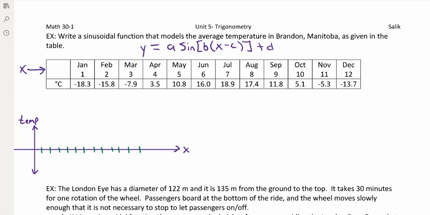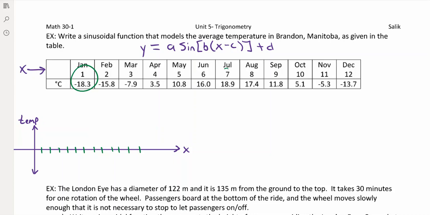We're going to be able to figure out our A value and our D value and some other information here. But really what we want to do is figure out some kind of reference. We want to figure out where our maximum and where our minimum are. Those are usually good points to find. In this case, our minimum value is right there, at the point 1 comma negative 18.3.